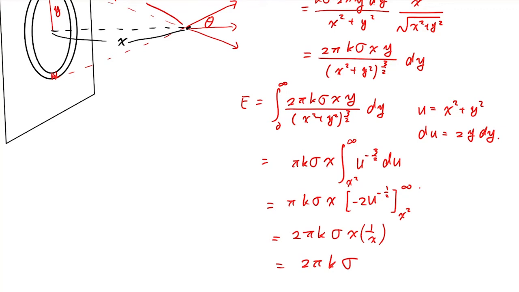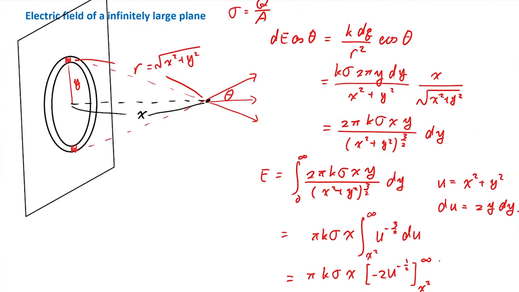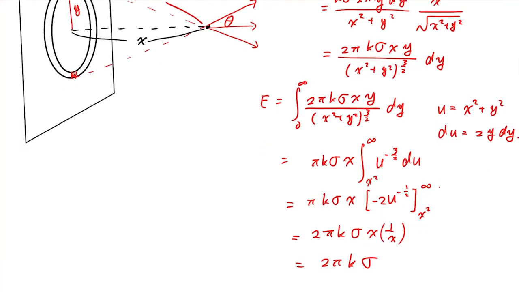Or you can just put the limit in front. Remember that example from last time, this disk was not infinitely big. It was just a finite radius. So just take that and take the limit as that radius approaches infinity. Then you get exactly this answer.